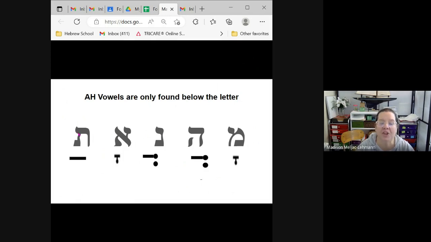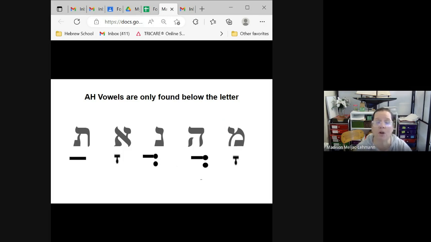Okay. The good way to remember, or at least eliminate what vowel it is if you don't remember, is that "ah" vowels are only found below the letter. So this is what it could look like with several different kinds of "ah" vowels. Remember, there are some vowels that you can find up above, and some you can find in the middle of the letter, but you will always and only find "ah"s below the letter.